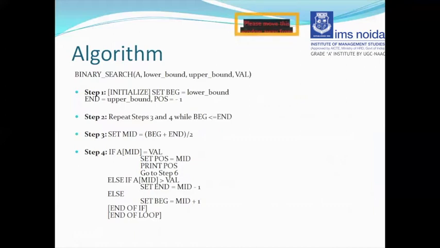Lower bound, which is the lower position of the array, is definitely 0. Upper bound, the higher position, if there are 10 elements then 0 to 9, so it will be 9. Value is the value to be searched, the element we have to search. Okay, these are the variables required.